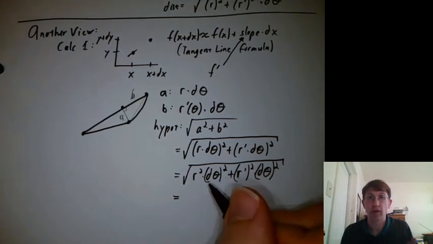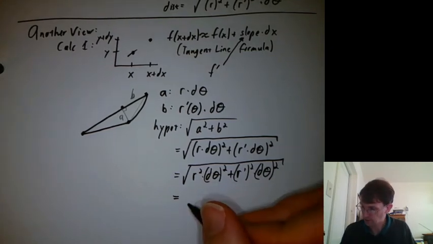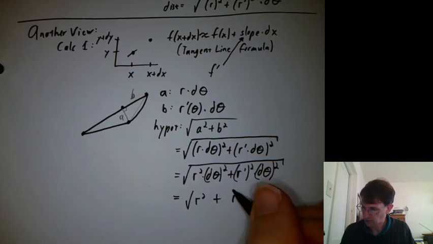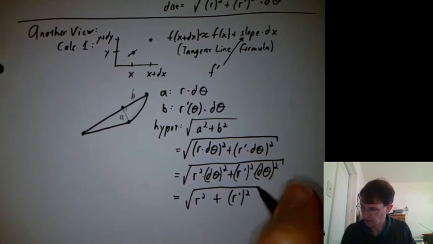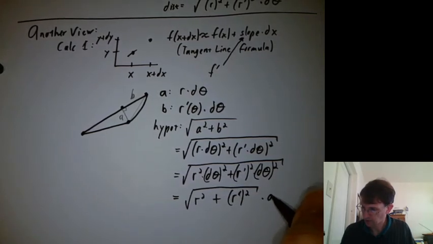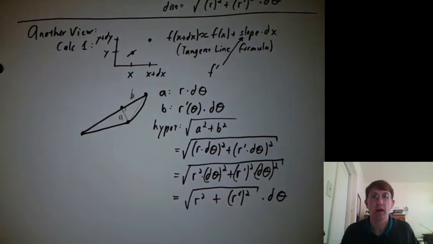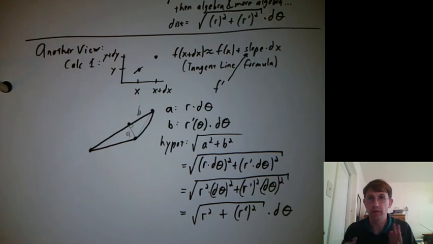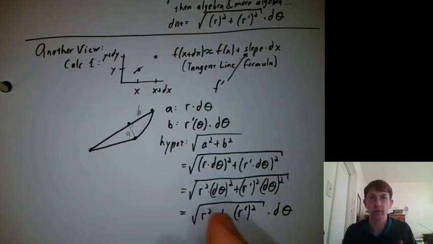And we can factor out the common factor of d theta squared, and we get the square root of r squared plus r prime squared times d theta, which is basically the same thing we got there. So two different views, thinking about the right triangles in two different ways, but we end up with the same formula, so that's good.